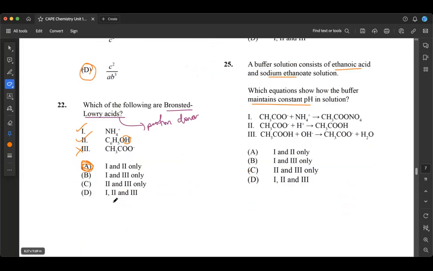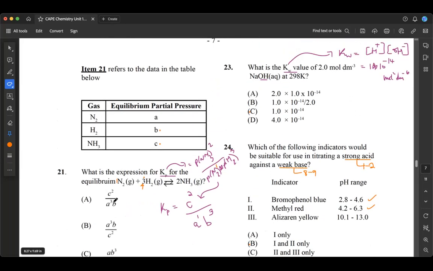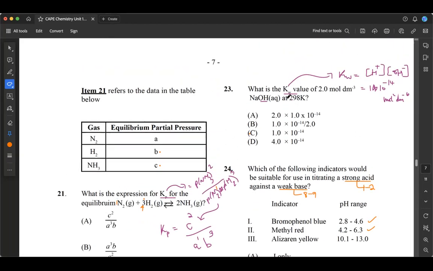All right, so moving along to 23 now. 23 says, what is the Kw value, right? What's the Kw value of 2 mole per dm cube sodium hydroxide aqueous at 298 Kelvin? So what's the Kw? That's the ionization product of water, right?